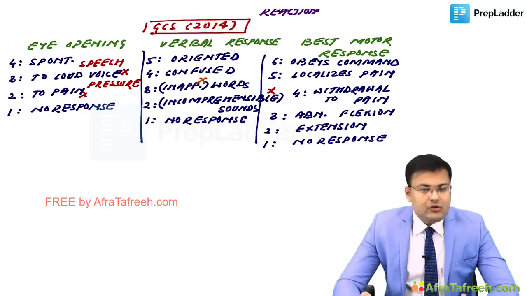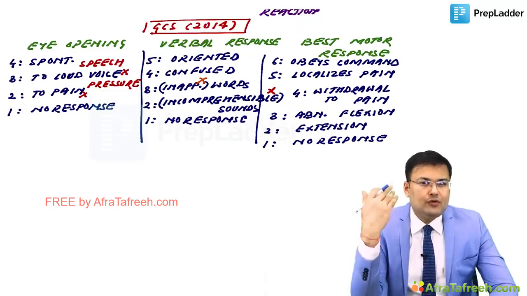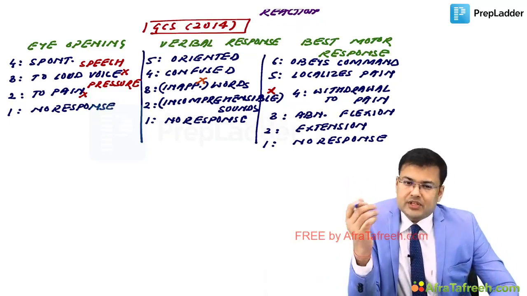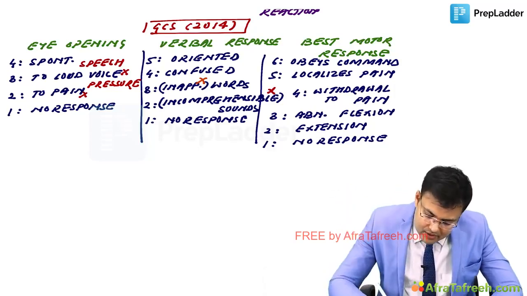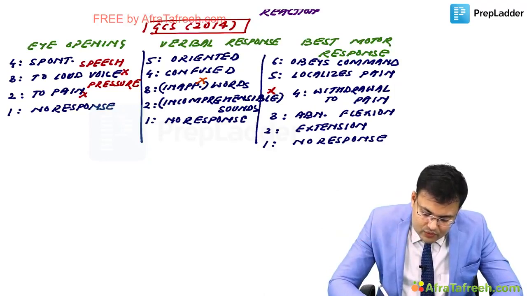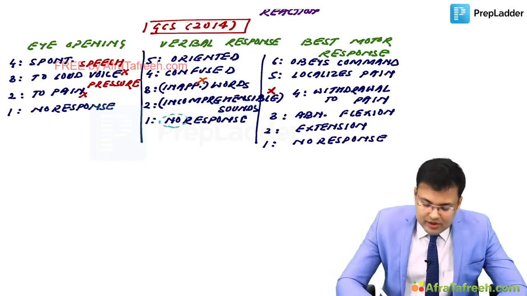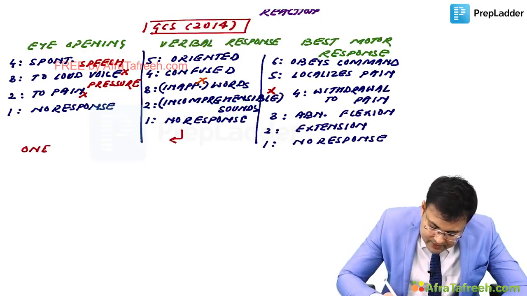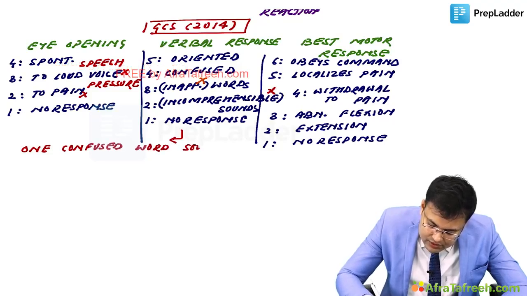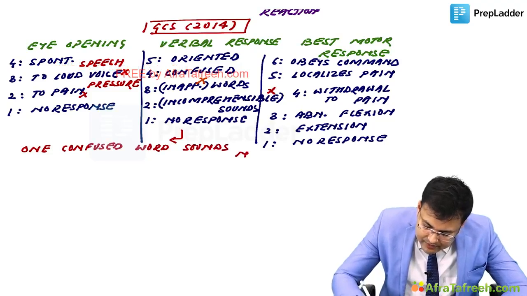Okay. Now how to remember? See, eye opening is easy because 4 is spontaneous, 3 to speech, 2 to pressure, and 1 is no response. How to remember the verbal response and best motor response? For verbal response, the mnemonic is: 1 confused word sounds nowhere.